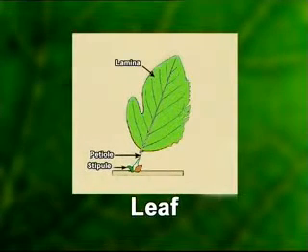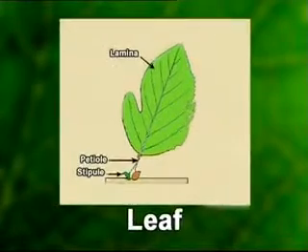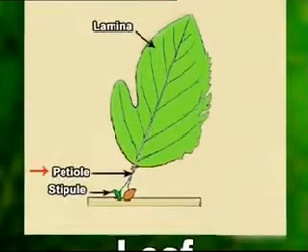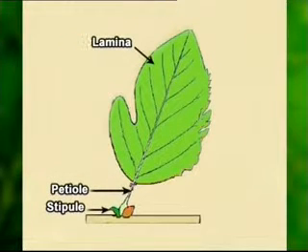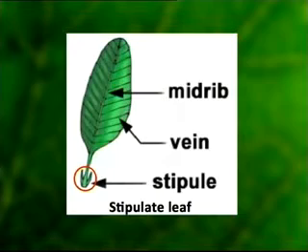A structurally complete leaf of an angiosperm consists of a petiole, that is the leaf stalk, a lamina, meaning the leaf blade, and stipules, small structures located to either side of the base of the petiole.